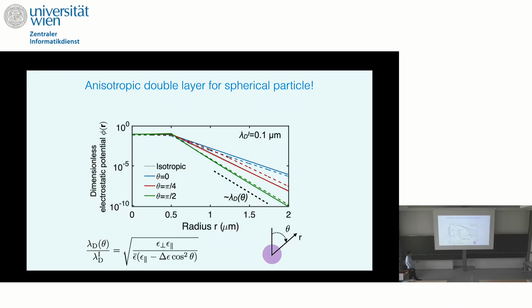And you can find an analytical formula in which these are the tensorial components of the dielectric tensor on a certain basis, and you can see there's a clear angle dependence. The full lines are the numerical computations, and the dashed lines are the analytical formula.